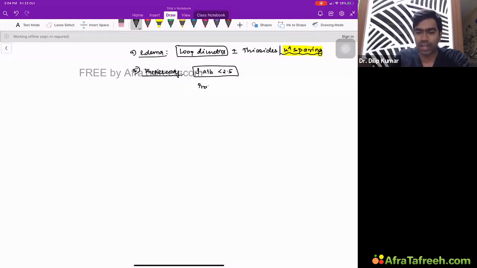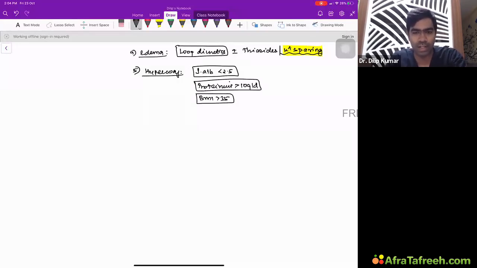Then if the patient is having proteinuria more than 10 grams per day, extremely severe proteinuria, or the patient is extremely obese, BMI more than 35, morbid obesity, that's also a definition of morbid obesity.